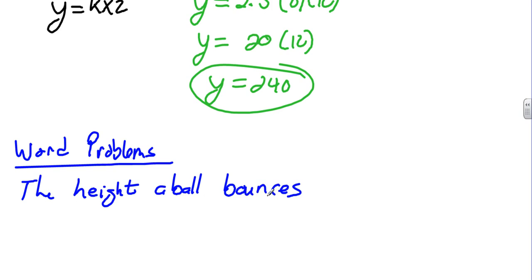The height of a ball's bounce varies directly with the height from which it is dropped.